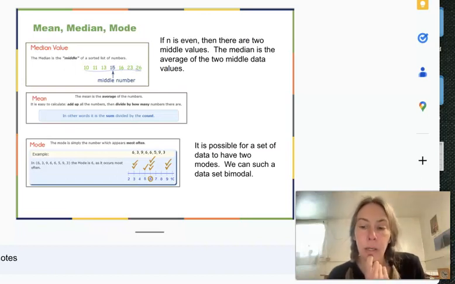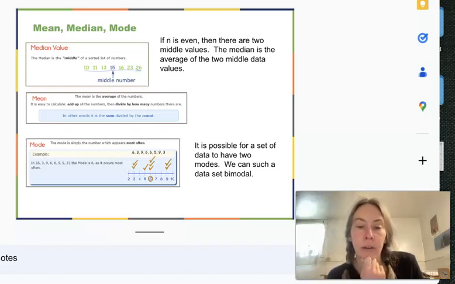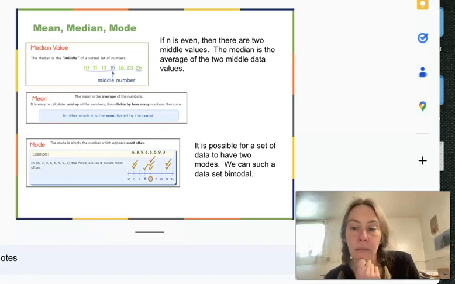Mean, median, and mode, you've learned before. This is just going over that again. We could have a bimodal data set. And median, if you have two middle values, you average them.